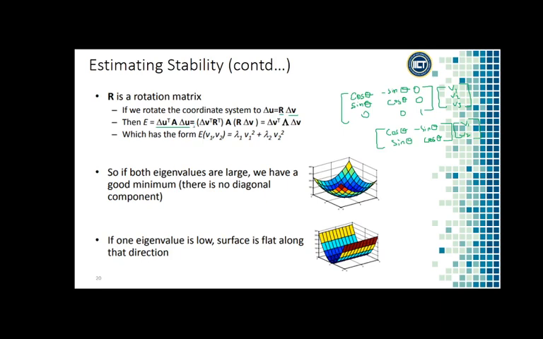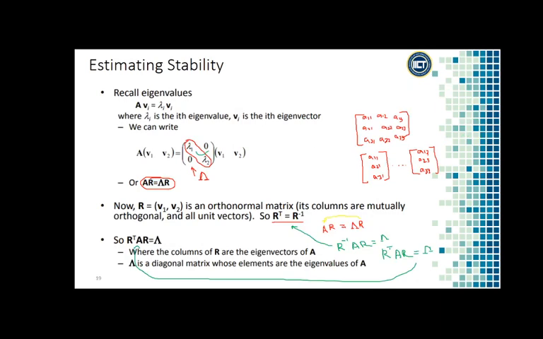Replacing the value of delta U into this, what we get is delta V transpose R transpose A R delta V. And remember, R transpose A R is equal to the eigenvalues, from the previous slide.